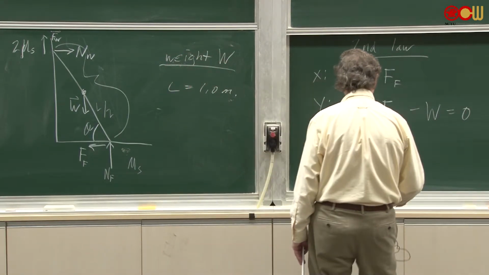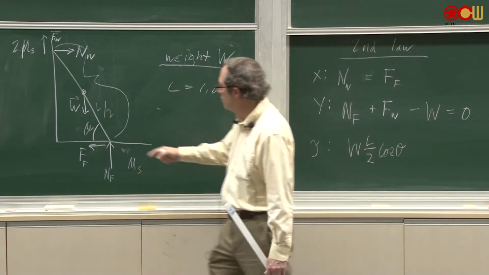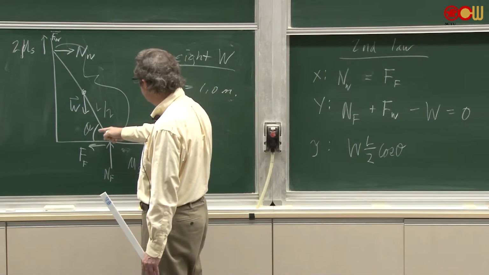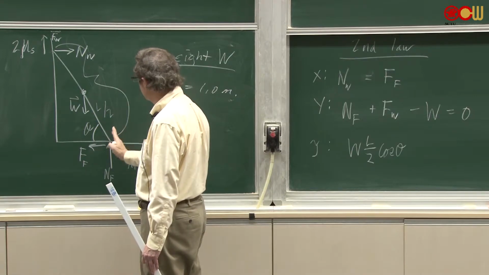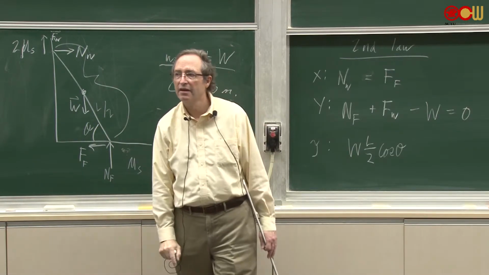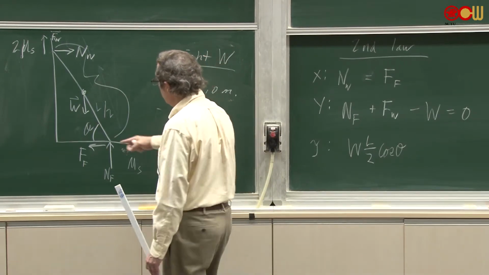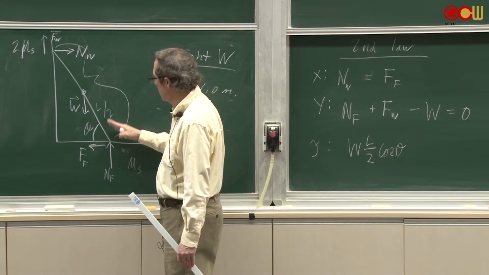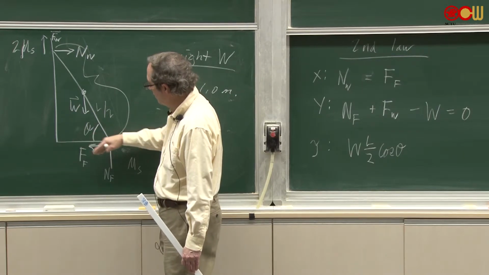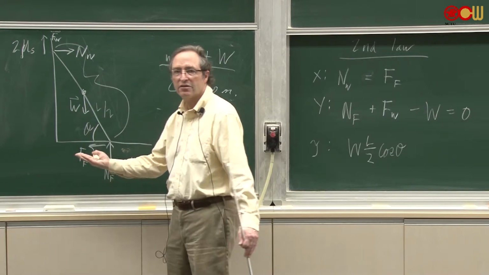Cosine theta, you say. Everybody agree? So if theta is 90 degrees, straight up, there's no torque, right? Because W and R are parallel. Where theta is 0, down here, R would be this way, W that way, so we'd have a torque.